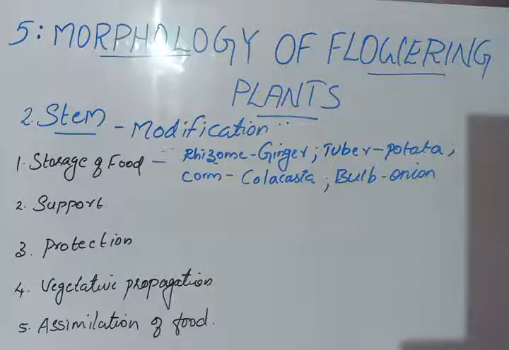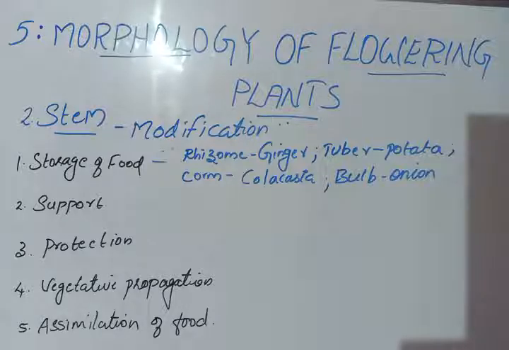Ginger we get from underground, but even though we are getting it from under the soil, that part is the stem part. And the potato is actually stem. The food is stored in the form of tuber, so the stem is modified.